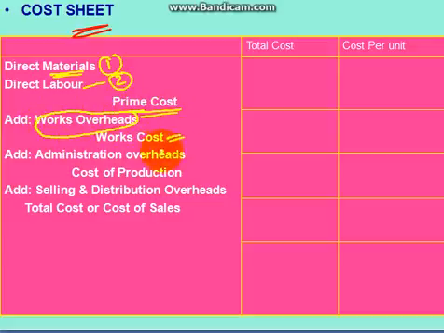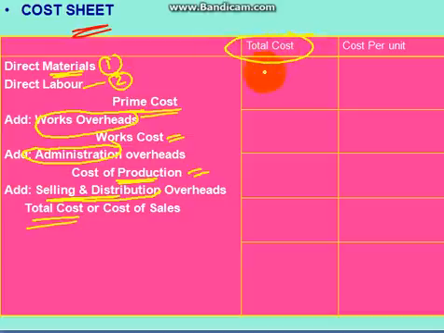Here work cost is taken into consideration. Here administration costs are there, so administration overhead is taken into consideration, where we tally the cost of production. Here we add the selling and distribution overheads, and after that total cost is calculated. Here total cost is decided, and after dividing that you get the cost per unit.